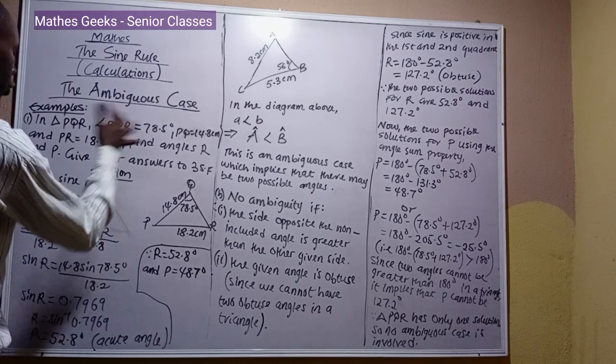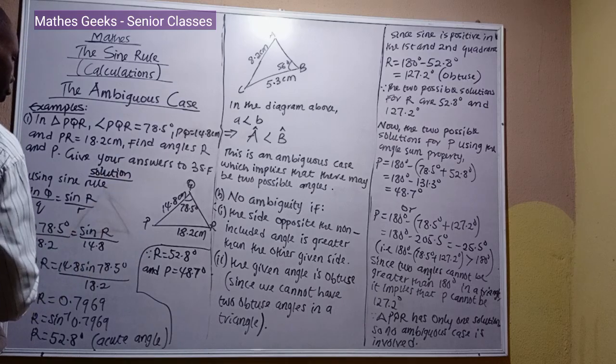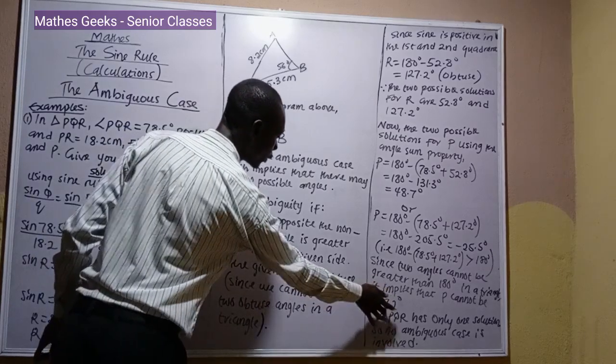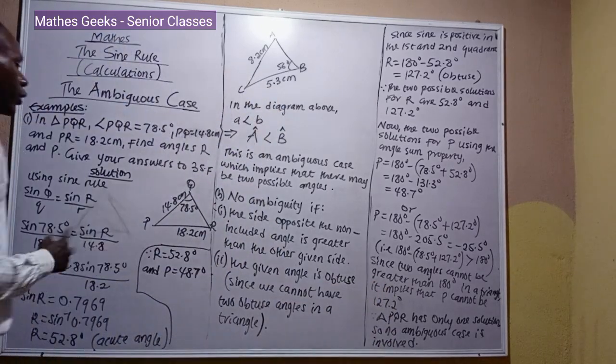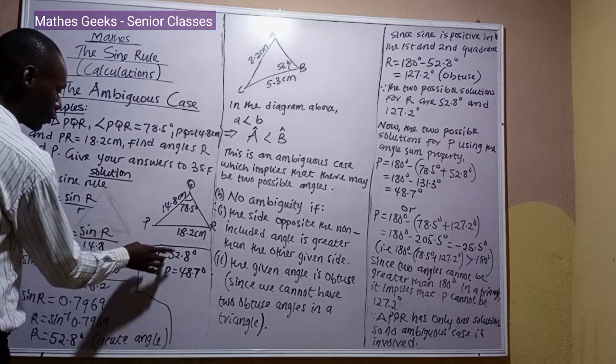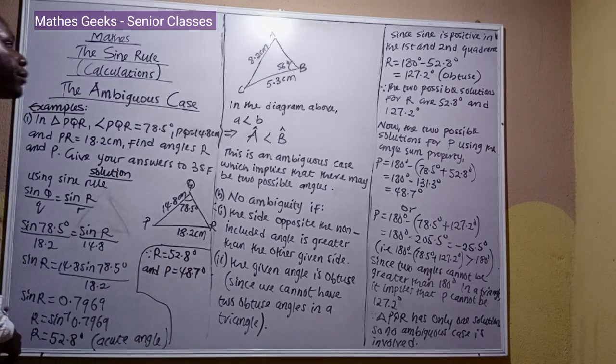So we have to draw two separate triangles using the angles that we got, both the acute and the obtuse. But in this case, since P does not have an obtuse angle, because two obtuse angles cannot be in a triangle, that means that the solution set is only one. So R is equal to 52.8 degrees and P is equal to 48.7 degrees.